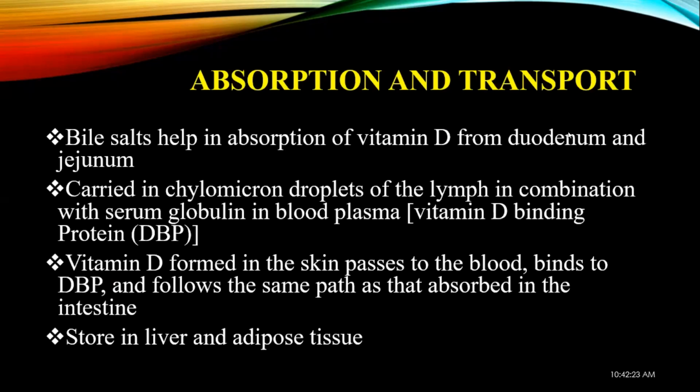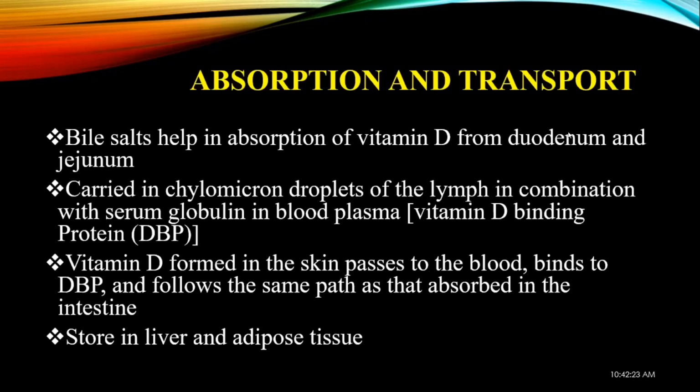For that, it requires bile salt. I hope all of you are familiar with why bile salt is necessary for the absorption of vitamin D. For the absorption of fats, they should be formed as mixed micelles, and for the formation of mixed micelles, bile salt is necessary.